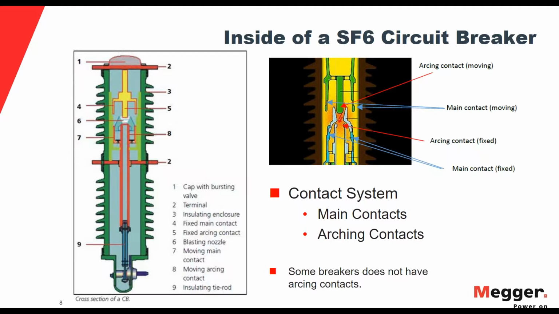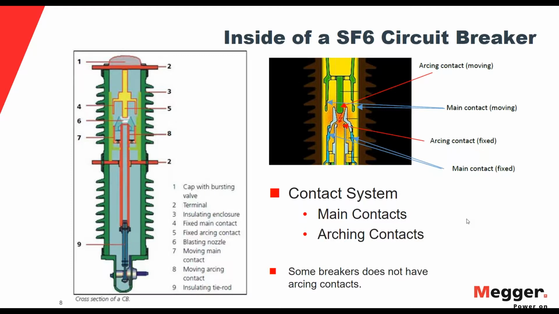In an SF6 circuit breaker, the contact system mainly has two parts: a main contact and an arcing contact. And having these two is for a very good reason. Some few breakers, minimum oil breakers, do not have an arcing contact, but the majority of them, the SF6 breakers, do.